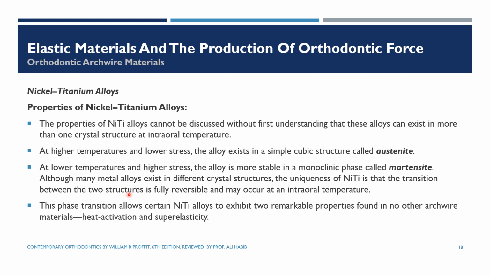Although this is a feature of many other alloys, it's unique here because the temperature change can occur at intraoral temperature, like around 37 degrees or around it. This unique feature of NiTi gives the NiTi wire two remarkable properties: that it can be heat activated, and it is described as a super elastic wire.